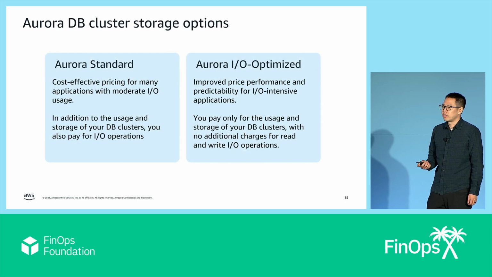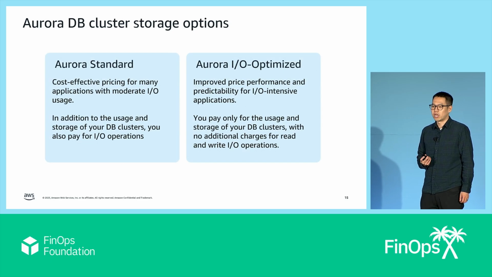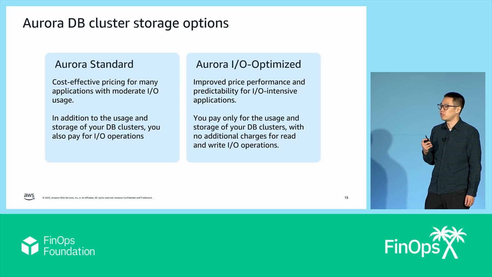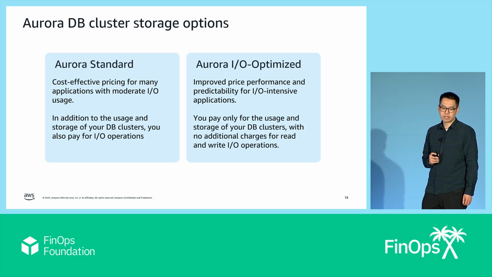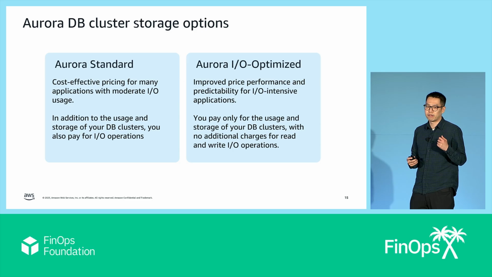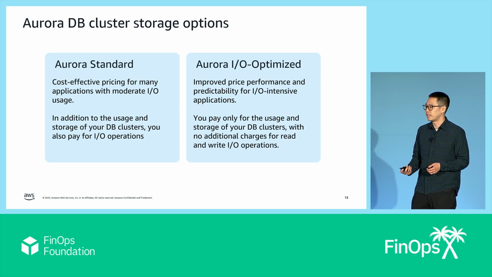With Amazon Aurora, you get two database storage options. You get Aurora Standard, or you can choose Aurora I/O-Optimized. With Aurora Standard, you're paying for the database instances in your cluster, you're paying for the storage, and you have to pay for every read and write operation to that database.